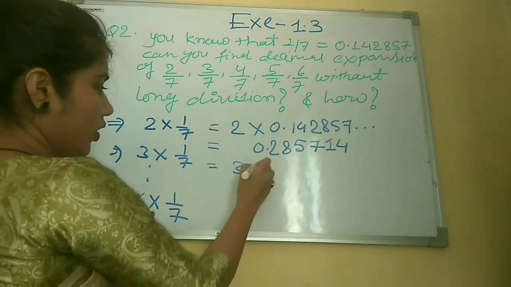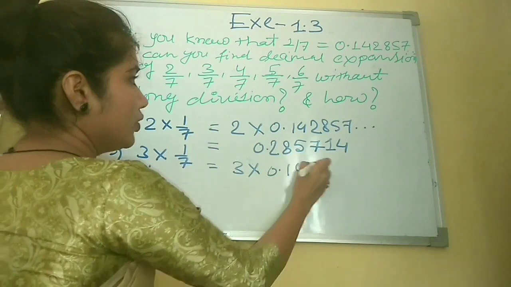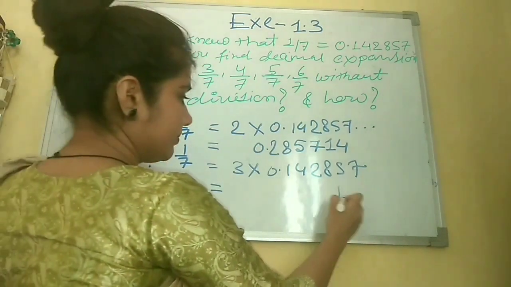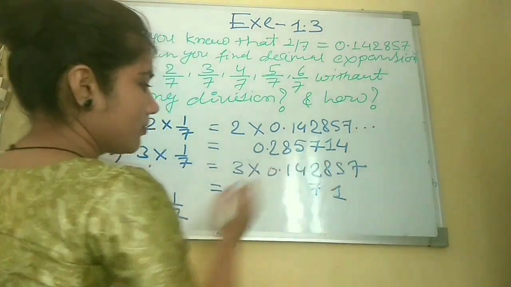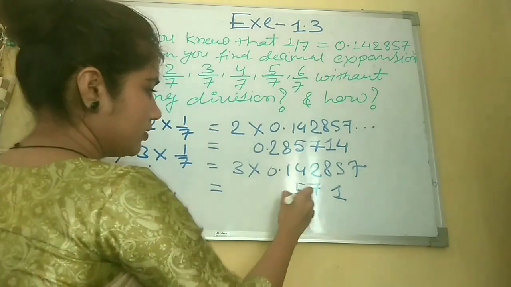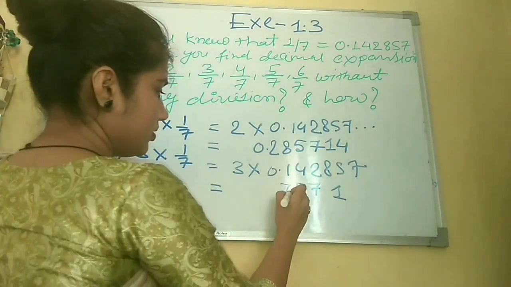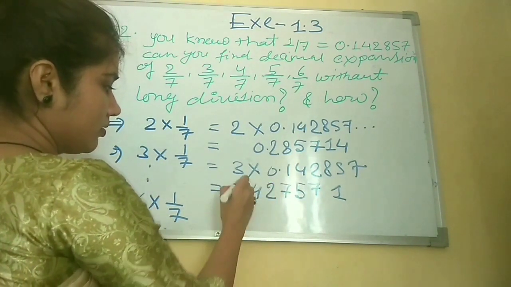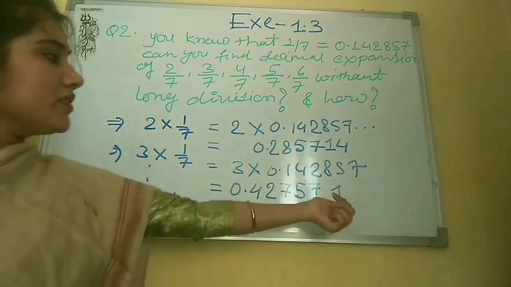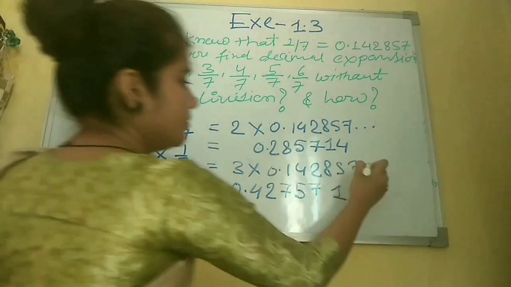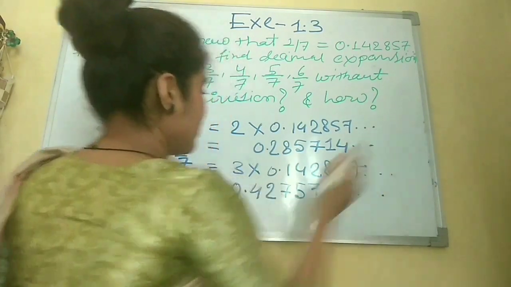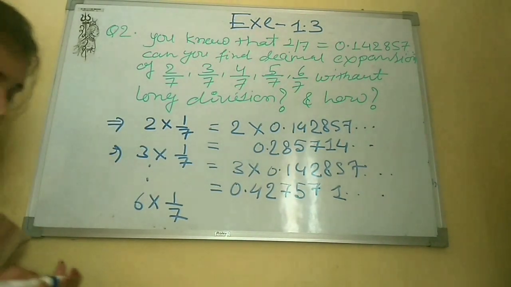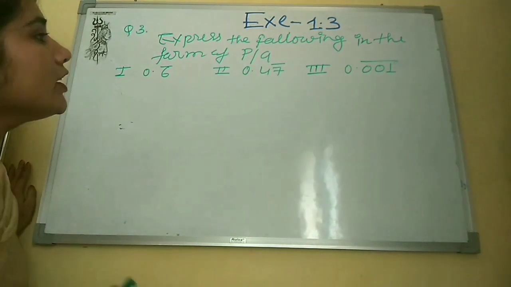Suppose 3 cross 0.142857, and what we will get? 0.428571. The rest you will solve with the same process and you will get the answer in the form of p by q.